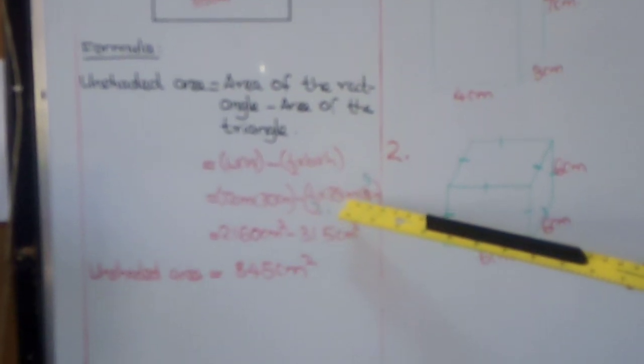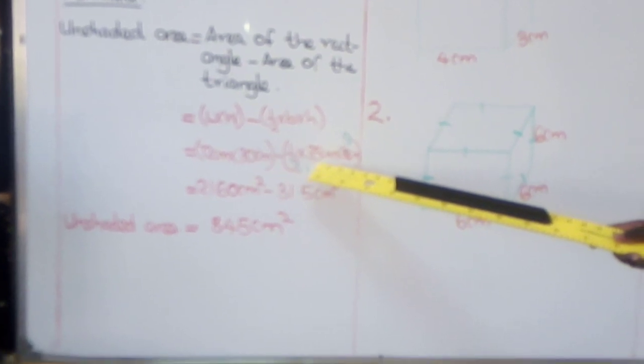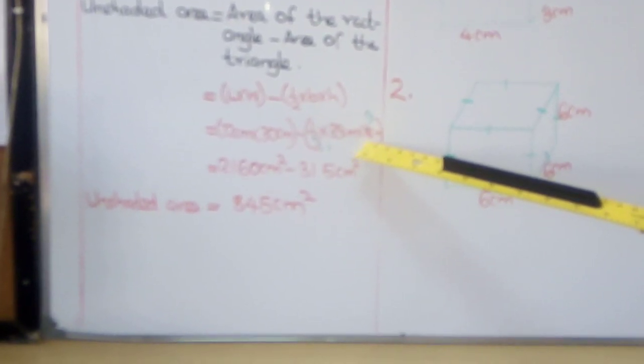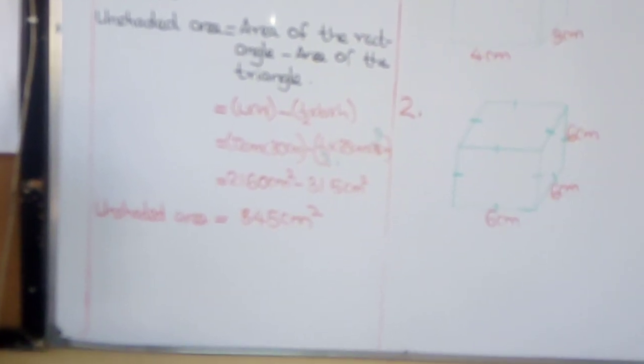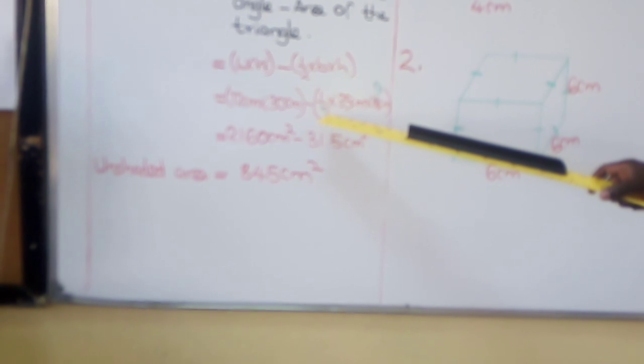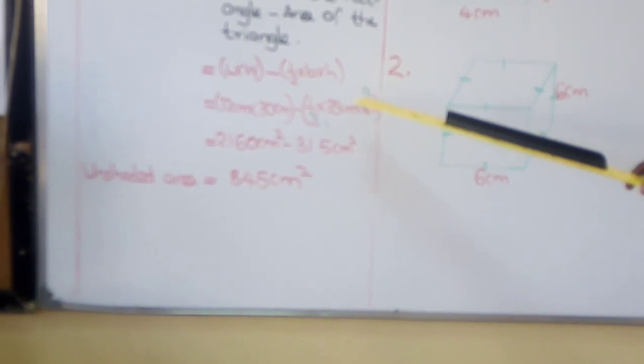The base of the triangle is 35 centimeters, and the height is 18 centimeters. We simplify by cancelling by 2: 1, and 9. If you divide 18 by 2, you get 9.